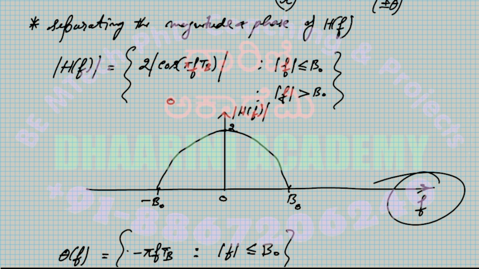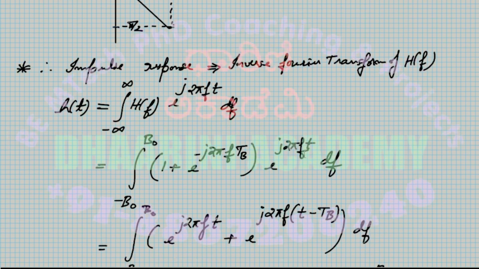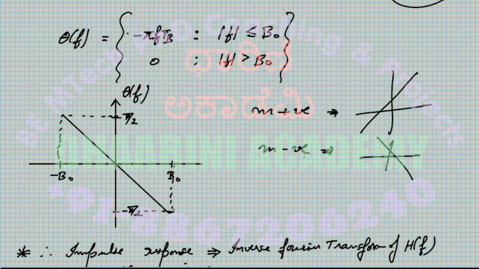Similarly, I can also write the phase response. Phase response, in the sense you see what is the theta and simply plot the theta versus the frequency. That's what you can see here. Theta of f is minus pi f T_b for magnitude of f less than or equal to B naught. It is 0 for f greater than B naught. So simply substitute all the values, right? At 0, f is 0, so it has to pass through 0.